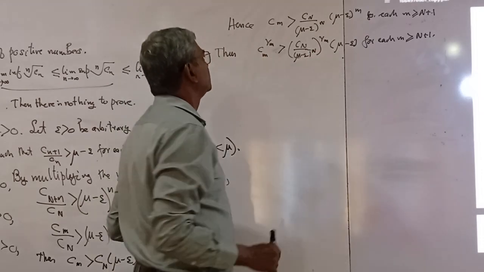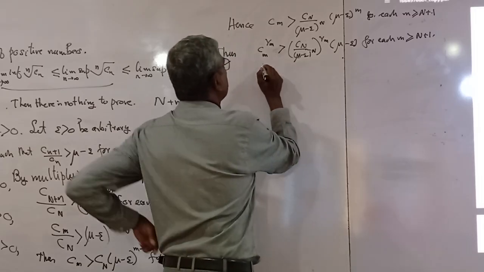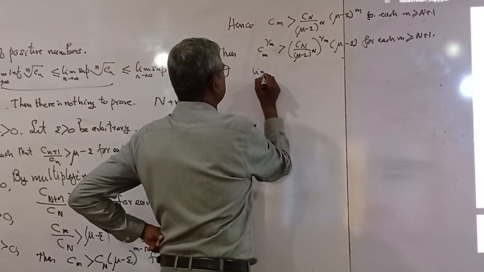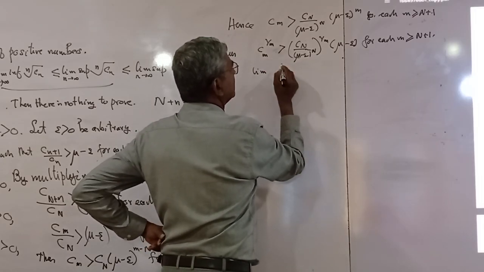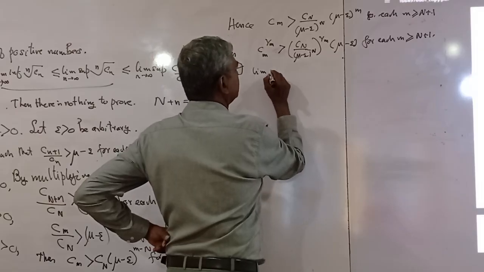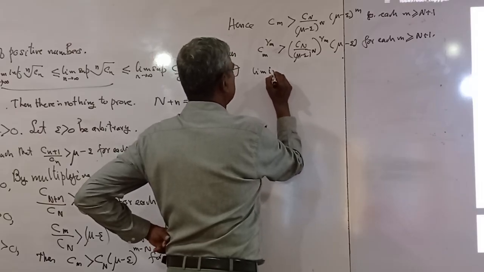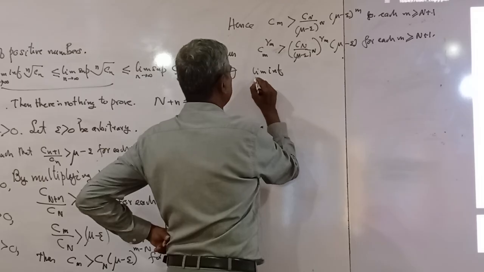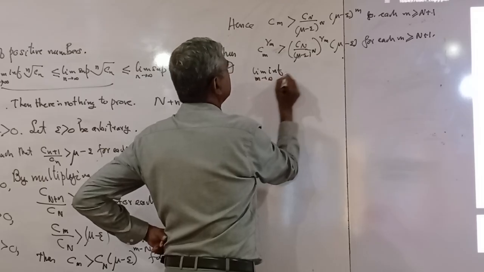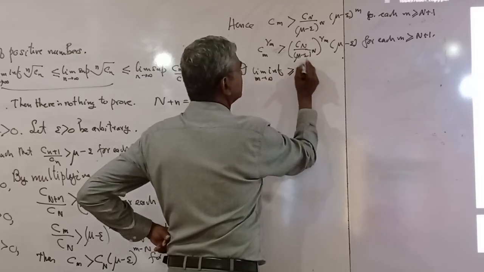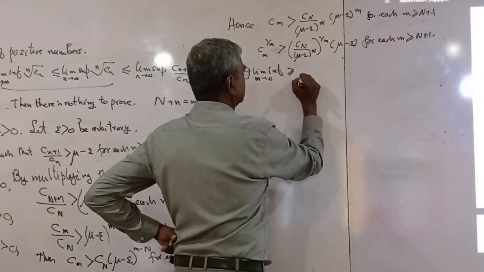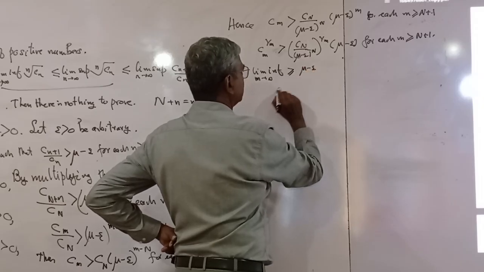So if you take the lim sup, not lim sup, lim inf, no? This is greater than or equal to 1 times mu minus epsilon.